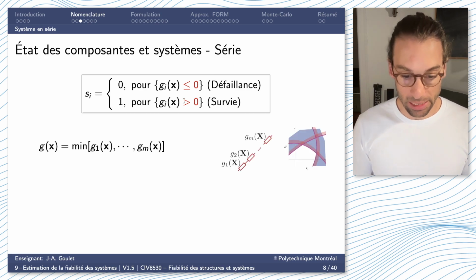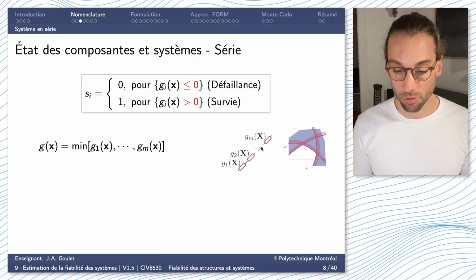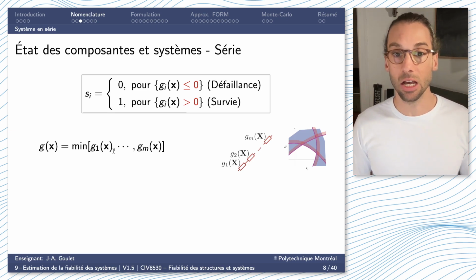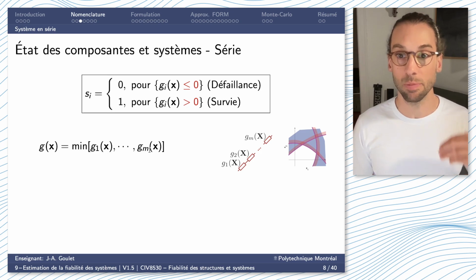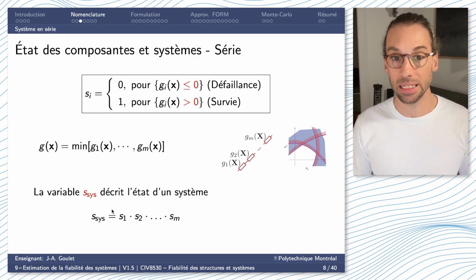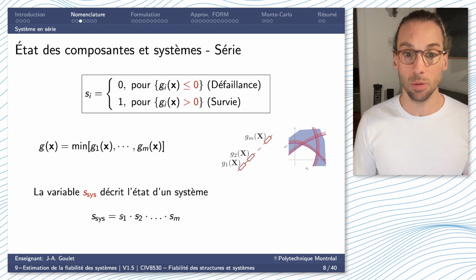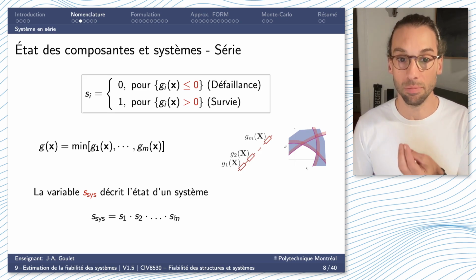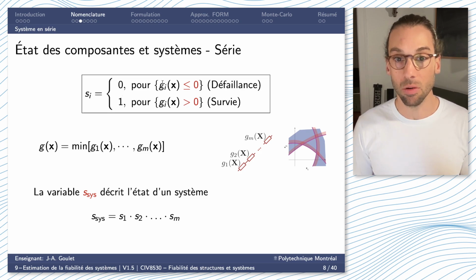So now let's look at a system that would be in series. As we saw before, for something that looks like a chain, I'm going to take the minimum of my limit state functions to express my system level limit state function. In that case, my state variable Ss would be the product of my state variables at the component level. Remember, 0 is failure, so if any of them fails, that product is 0, meaning my Ss is 0 as well.